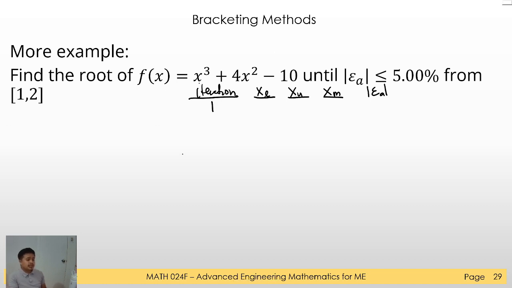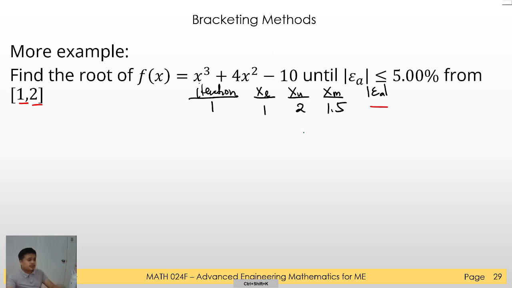For the first iteration, the XL will be 1, the XU will be 2, and the XM will be the midpoint, 1.5. We do not have the previous value yet, so let's continue.